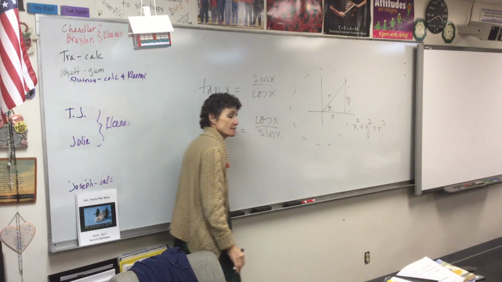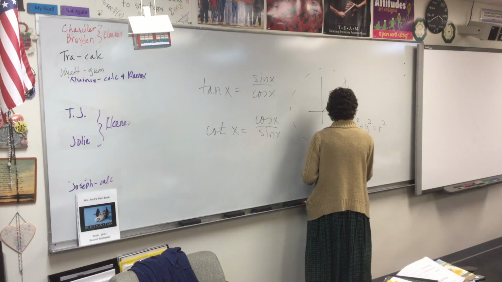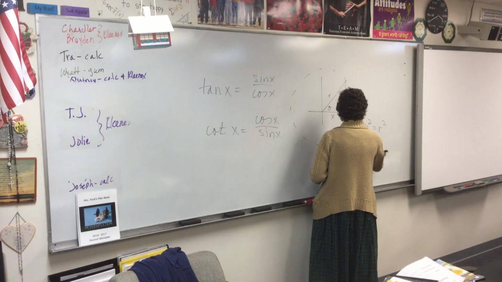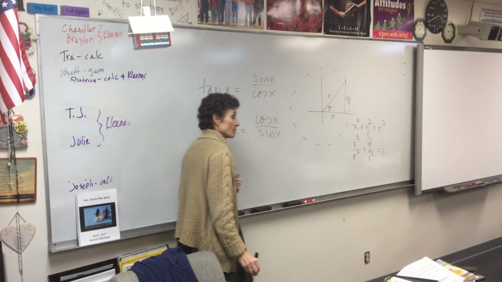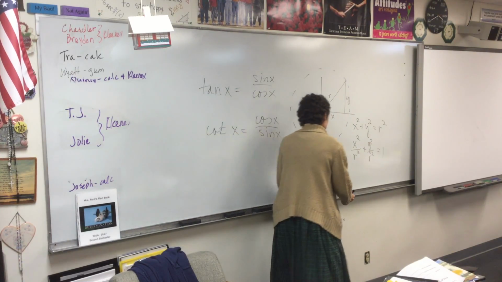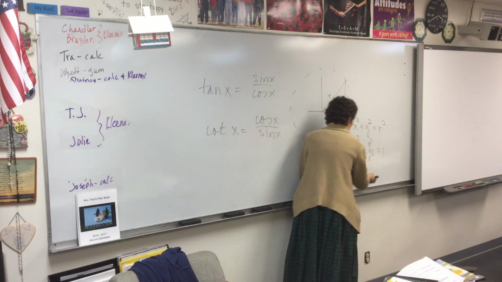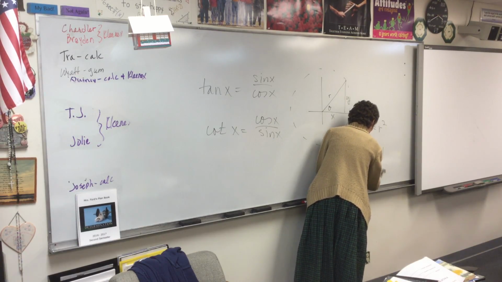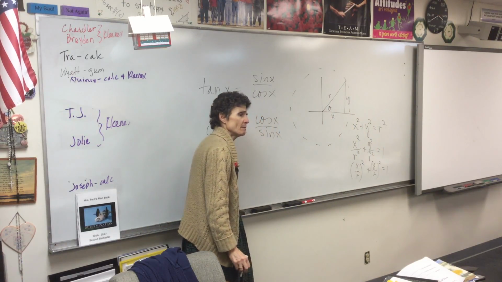Yes. I'm going to divide everything by R squared. So I have X squared over R squared plus Y squared over R squared equal to 1. True statement? Then I'm going to rewrite this as X over R quantity squared plus Y over R quantity squared equal to 1. But wait a minute.